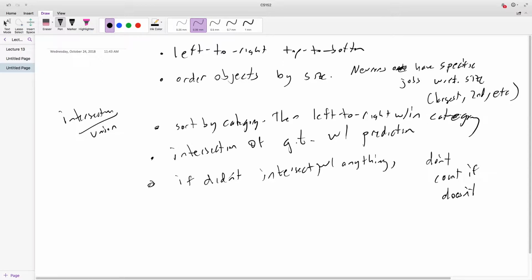I guess it's going to probably change less because we're only caring about the ground truth objects and those bounding boxes that intersect with them, and what we do over here isn't going to make any difference. So it's more localized and might work better. And we're going to come back to this idea of intersection over union, which is a number between 0 and 1. And if we didn't intersect with anything, don't count it. So we already have this sort of problem.